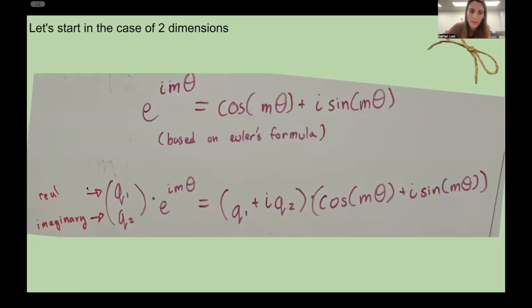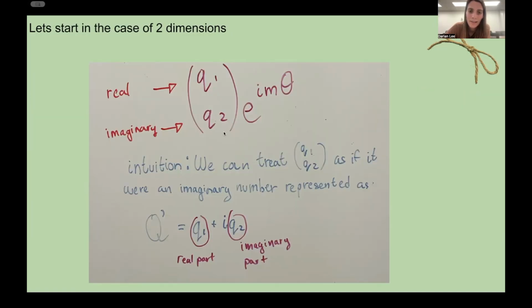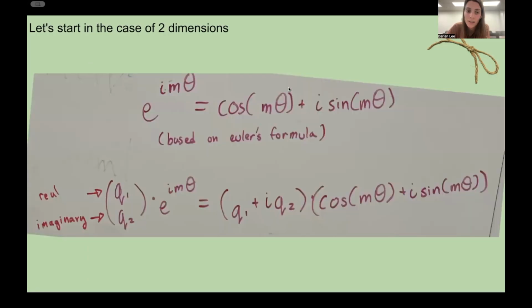Okay, so now that we know that e to the i m theta can be represented as a sum of sine and cosine, we can rewrite e to the i m theta as cosine m theta plus i sine m theta. Here all I've done is take the e to the ix formula and substitute m theta for x.